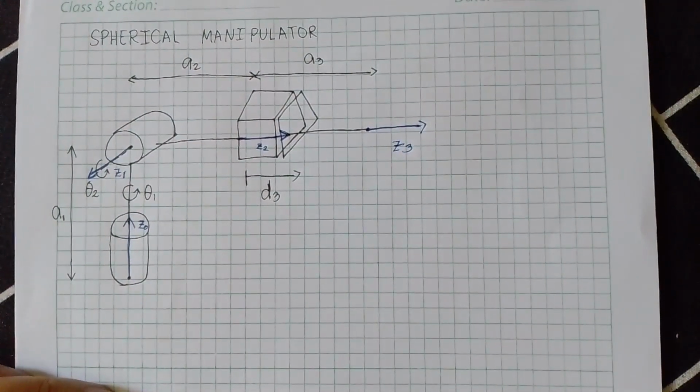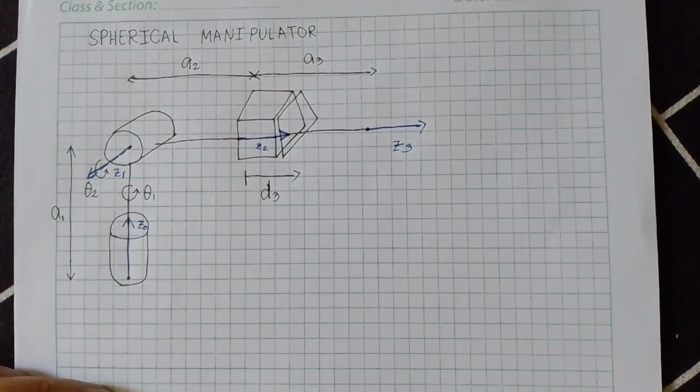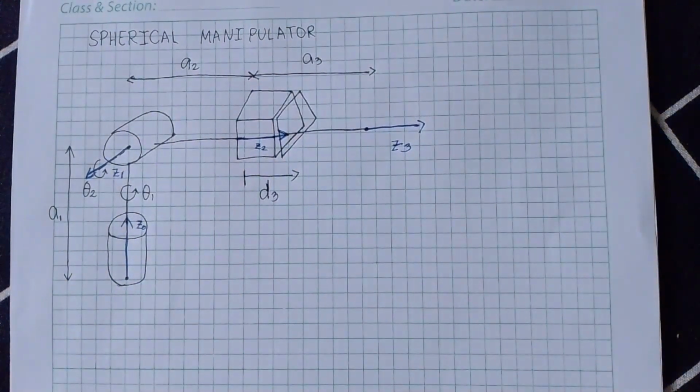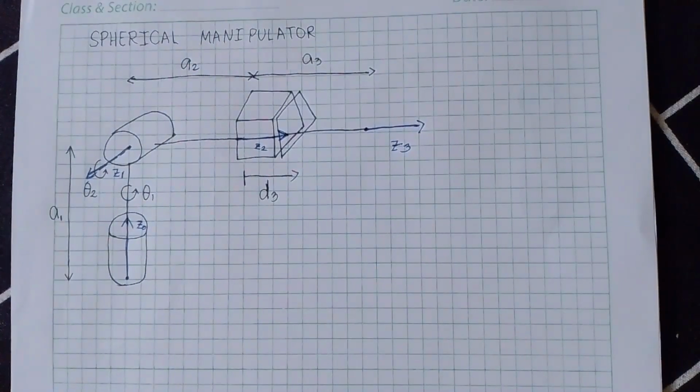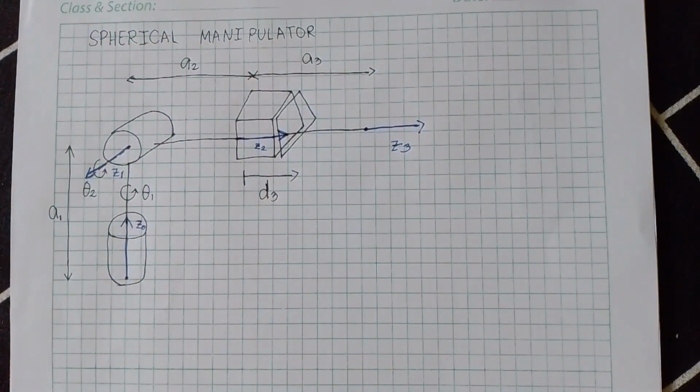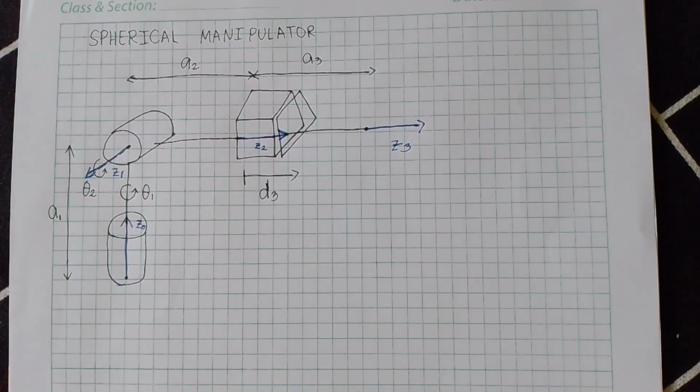Next, let's proceed to rule number 2. Let us use red ink. X-axis. Rule 2: the x-axis must be perpendicular both to its own z-axis and the z-axis of the frame before it.